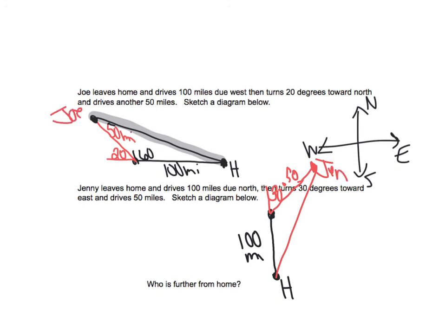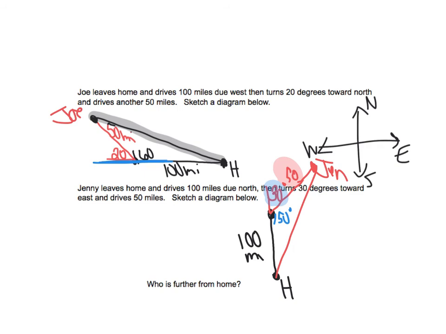Well, if this angle here is 30 degrees, that means the angle on the inside that I'm using to compare is 150 degrees, because remember these are straight linear lines right here. It's a linear pair, so they have to add up to 180 degrees.